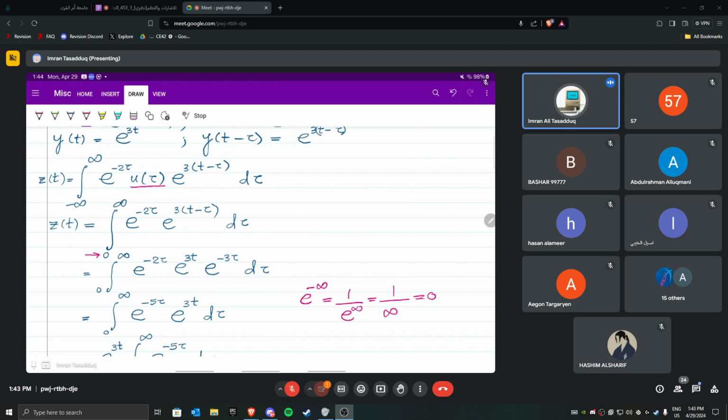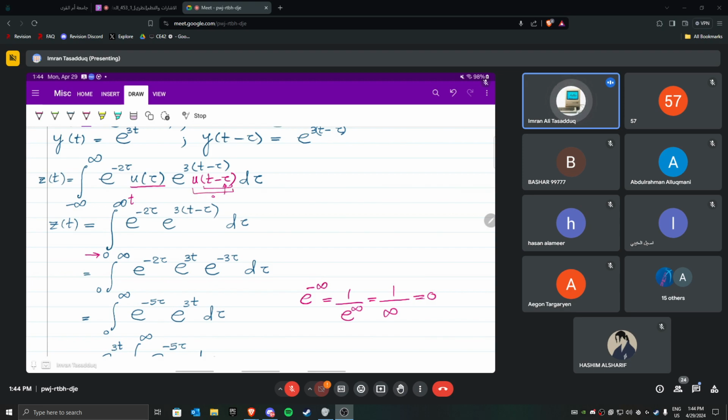Now for the upper limit, we don't have anything here that restricts us. We can have any value of tau, right? Because in the previous question we had this u of t minus tau. So because of that, last time we said the upper limit should be t, because if tau becomes more than t, this becomes negative and this whole thing becomes 0.